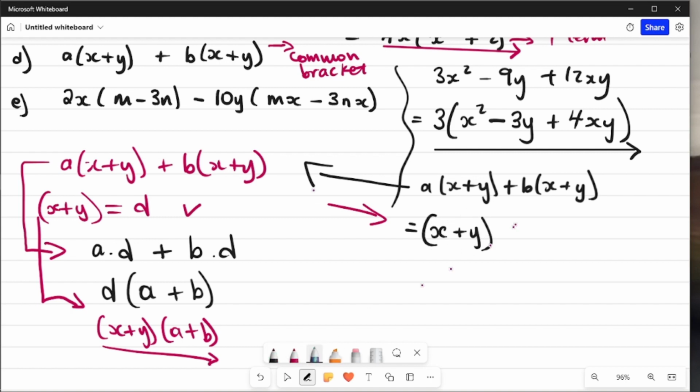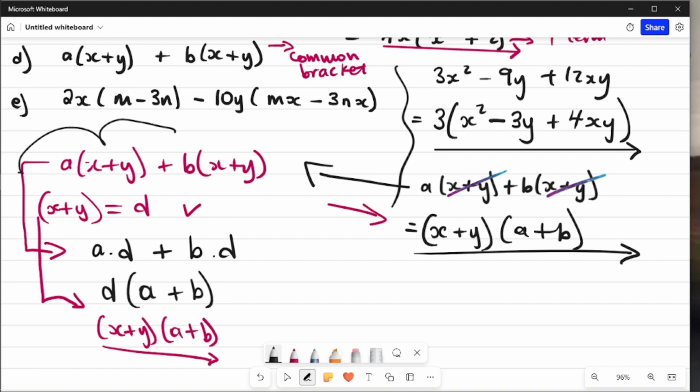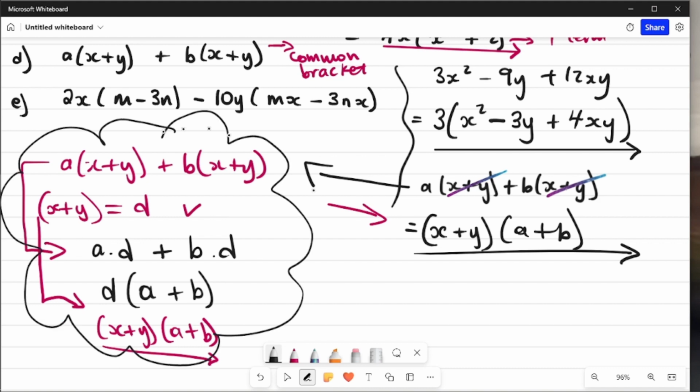So I will just cancel it out and then look at what is left, a plus b. Now this is just a shortcut to factorize a common bracket. Can you see how easy it is, guys? Here I was just showing you how we are going to take out a common bracket, and then this is just a shortcut.